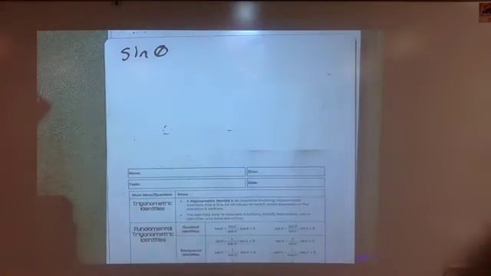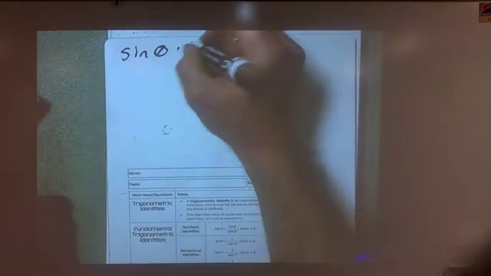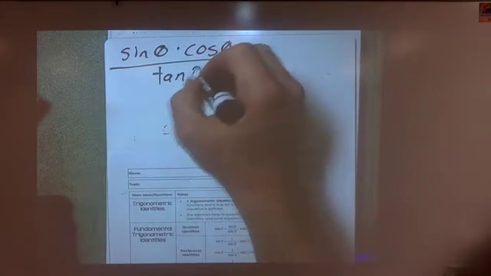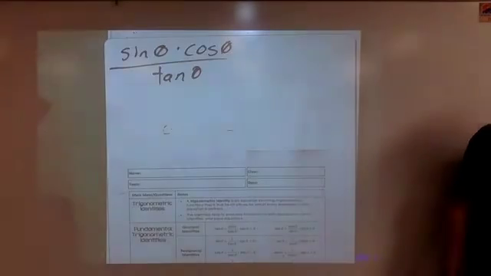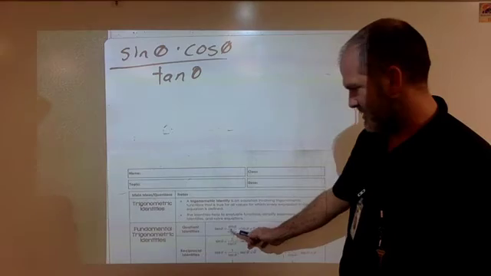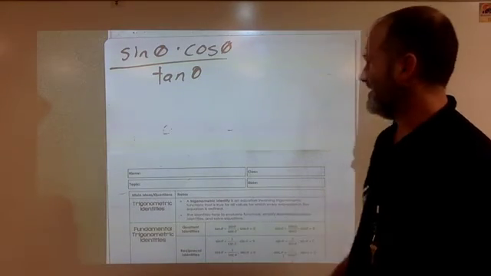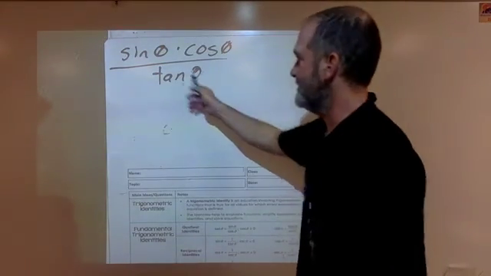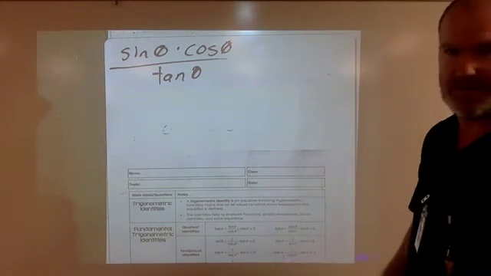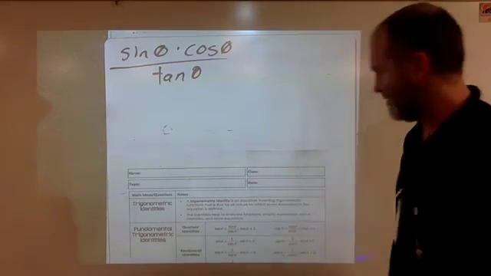Sine theta times cosine theta all over tangent theta. All right, this is back to that other one where it was pretty helpful to use sine over cosine. We already have a sine and a cosine, so if we can get rid of that tangent and get some more sines and cosines in there, it's probably going to reduce. So let's try that.